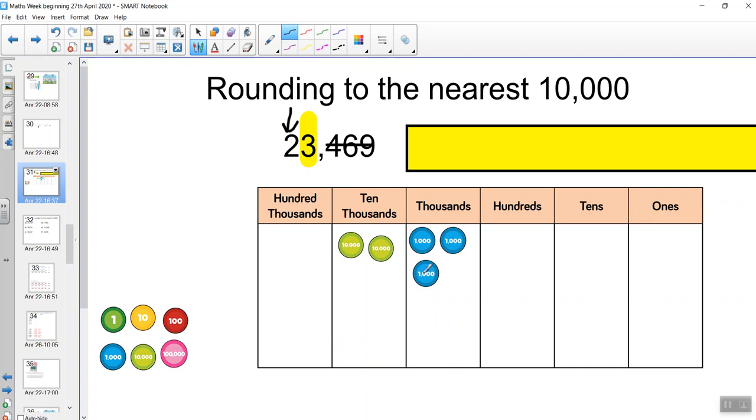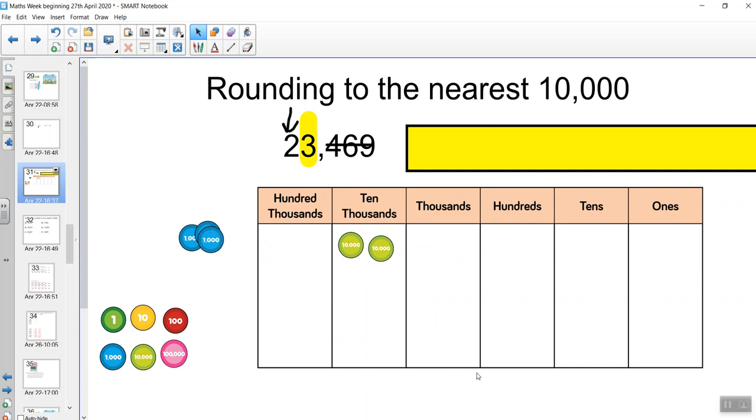So it means that this number is nearer to 20,000 on a number line than it is to 30,000. So if I was to round 23,469 to the nearest 10,000, my number would be 20,000.